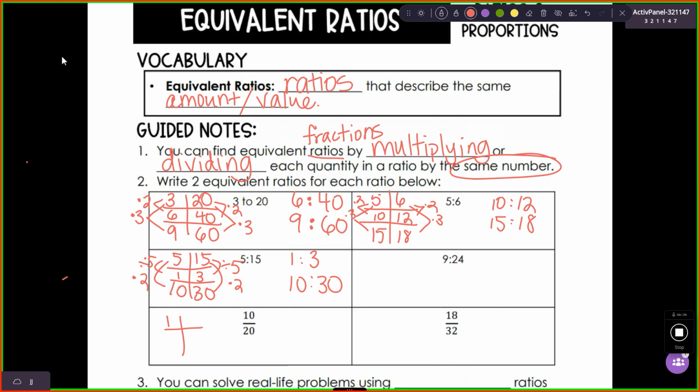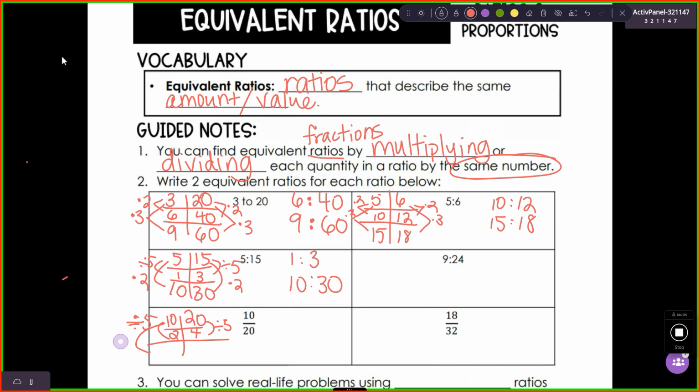So if I put 10 to 20 and I divide it by, ooh, I could divide by 5. What am I going to get for my row? 10 divided by 5 is? 20 divided by 5 is? Now go back up to the top.